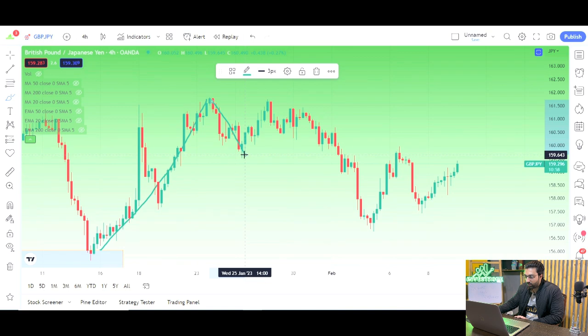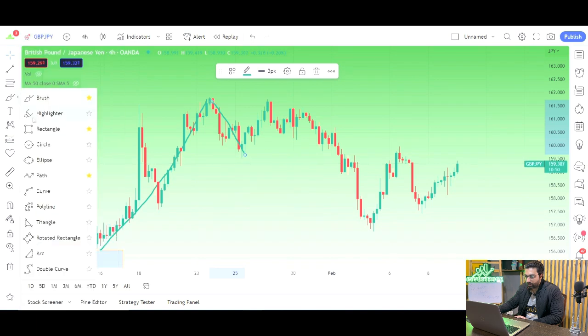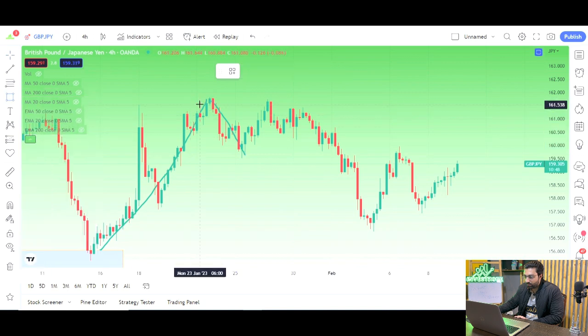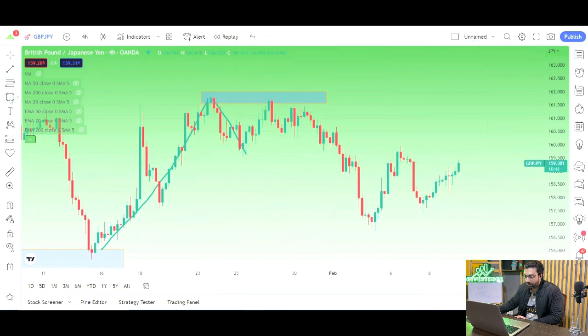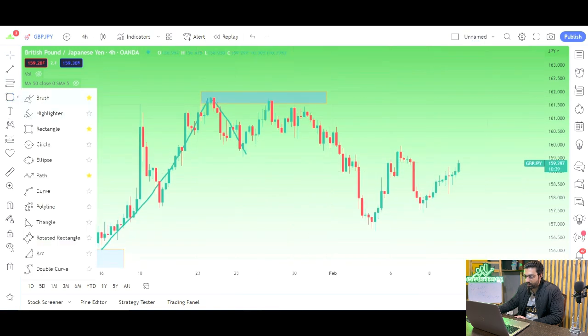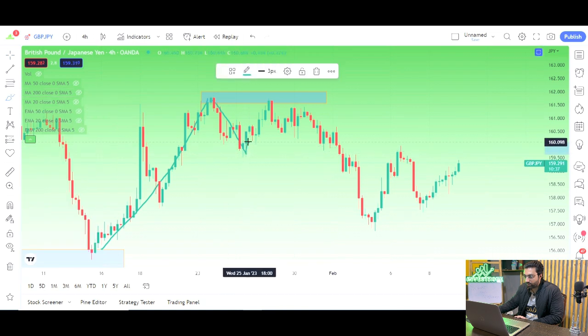From that point you can draw a resistance line. I will draw it for you. Go and get a rectangle. So now you can see the market came back and retested the resistance zone again.